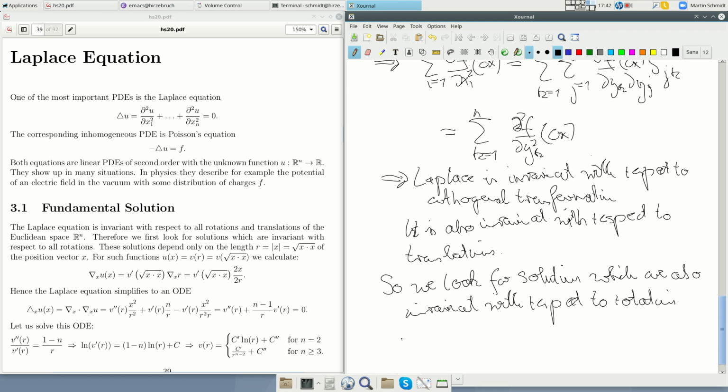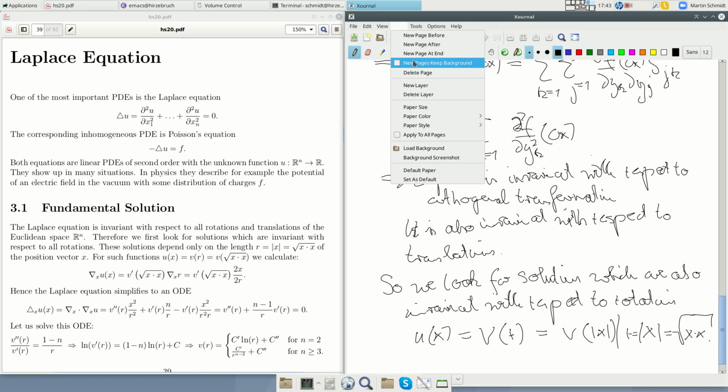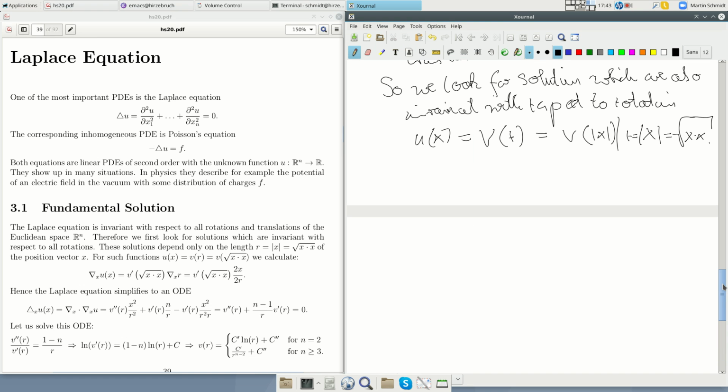And this means that a function which is invariant, this means u of x, has the form of just a function v of r, where r is just the absolute value, the length of the vector x. So here r is, by Pythagoras, the square root of the length squared.